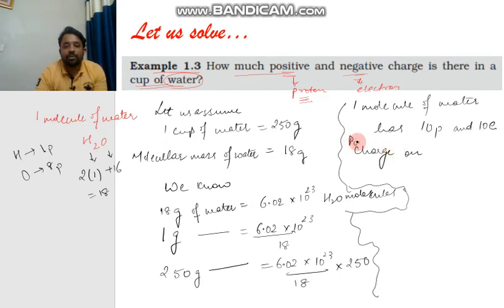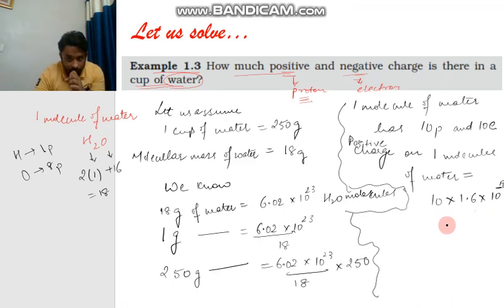So we can find out either one. If I find out the positive charge in one molecule of water, since it has 10 protons, it will be 10 multiplied by 1.6 into 10 raised to power minus 19, because the charge carried by one proton is 1.6 into 10 raised to power minus 19 coulomb.